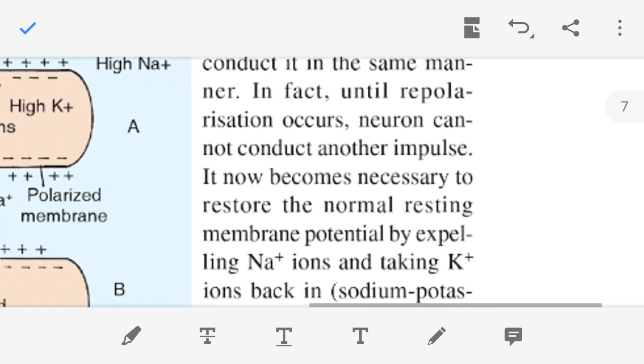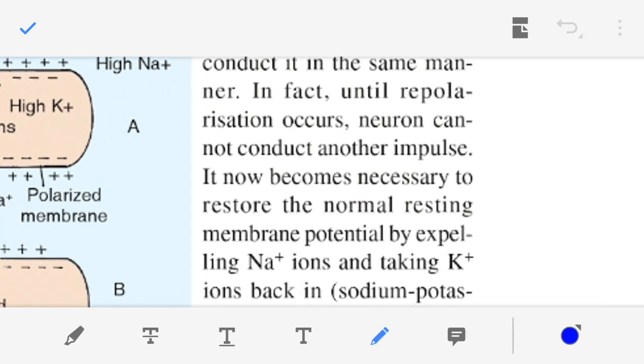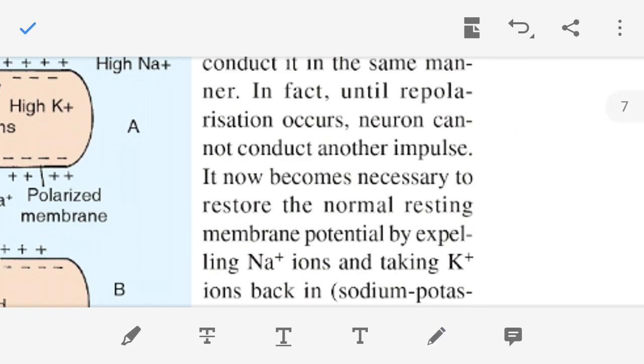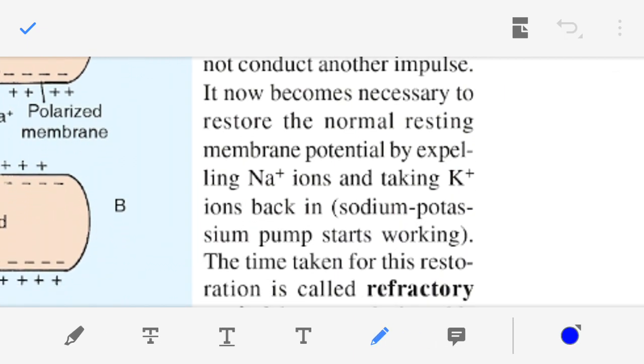As long as repolarization is taking place, the neuron cannot conduct another impulse, so it is necessary to restore the normal resting membrane potential.